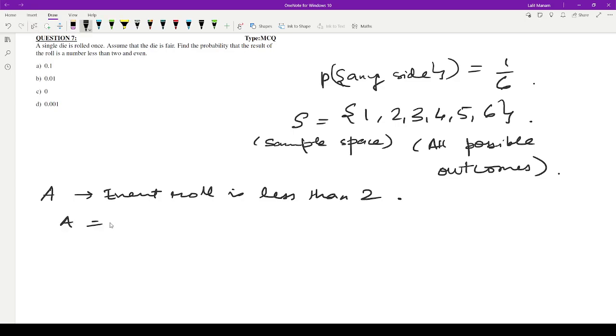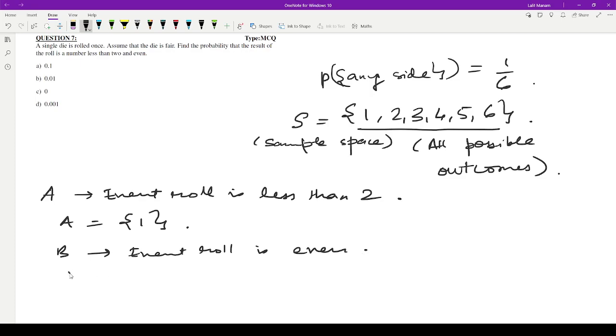That means A contains just 1 in the set of all possible events. And B be the event that the roll is even. That means B will contain all the elements which have even outcomes, that is 2, 4 and 6.